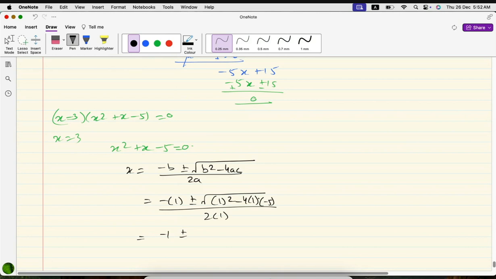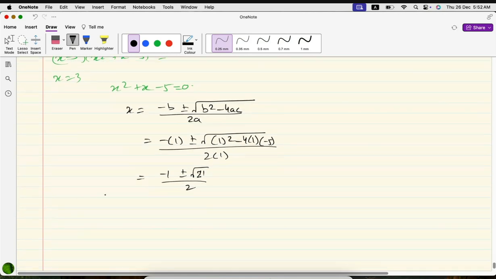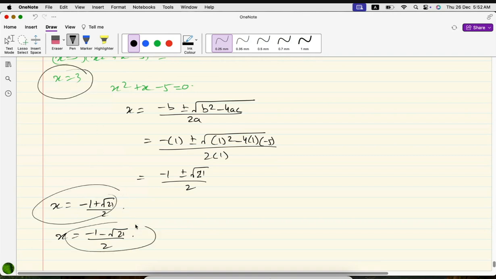Minus 1 plus minus square root of 1 plus 20, 21, over 2. x is equal to minus 1 plus square root 21 by 2, x is equal to minus 1 minus square root 21 by 2. The first is already known. So these are the three values.